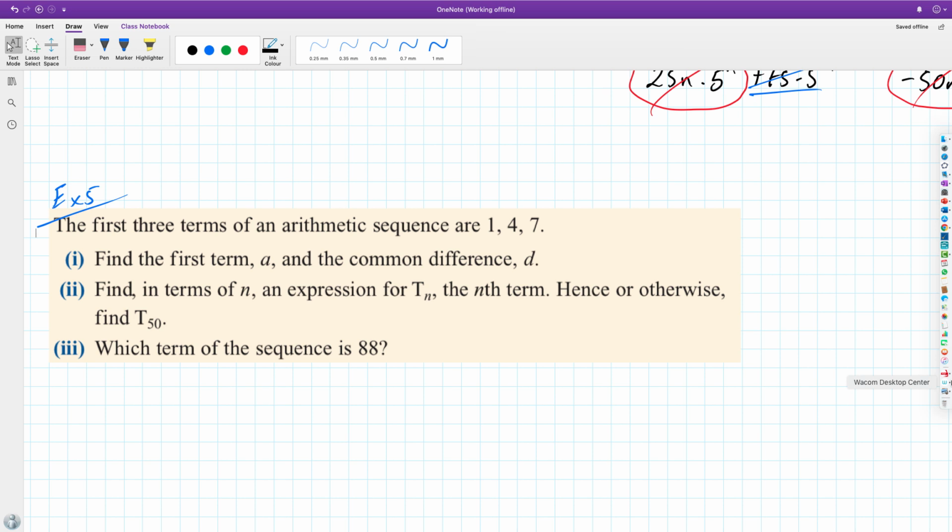The first three terms in an arithmetic sequence are 1, 4, and 7. Find the first term A and the common difference D. Find, in terms of n, the expression for Tn. Which term of the sequence is 88? The only formula we really need for this one is your top one. A is the first term and D is the common difference. Find Tn, then find T50, and then find which term of the sequence is 88.